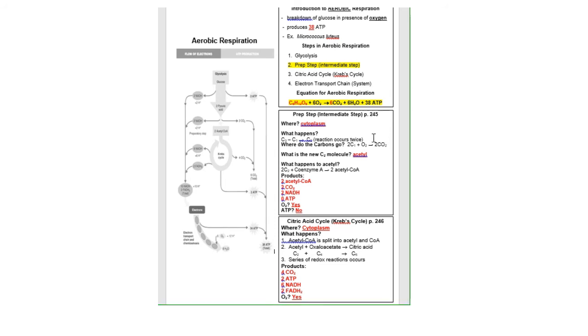Our 3-carbon molecule, called pyruvic acid, is going to lose a carbon, becoming a 2-carbon molecule. 3 carbons minus 1 carbon gives us 2 carbons. That 2-carbon molecule has a name, which is acetyl. That 2-carbon molecule acetyl then will combine with something called coenzyme A to form acetyl-CoA.